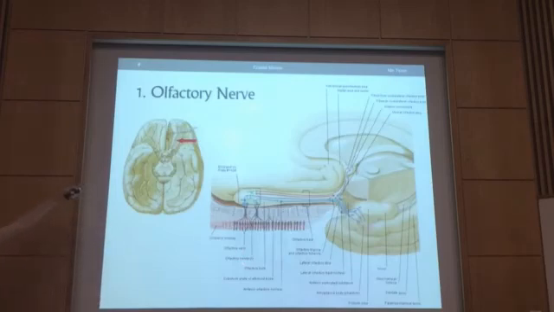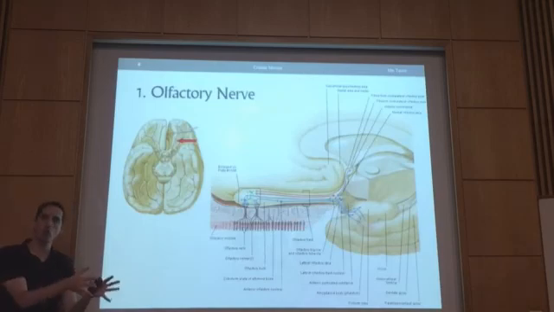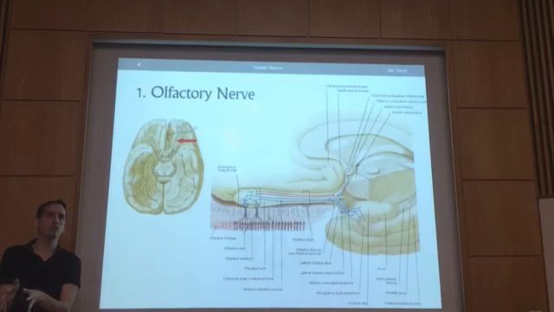So olfactory information goes through the olfactory nerve from the nose. It goes to the olfactory bulb, olfactory tract, and lateral olfactory stria towards the uncus. This is the only sense out of our senses that doesn't have a stop in the thalamus. It goes directly from the organ to the cortex.